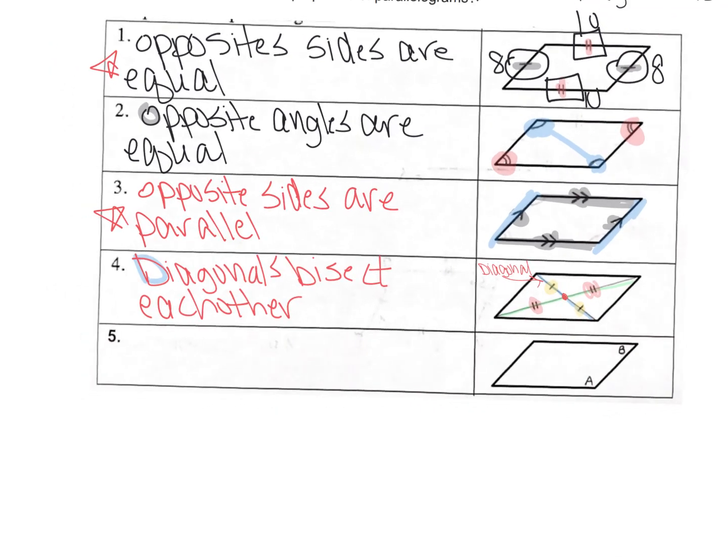And then this last one here, you've got 2 angles, angle A and angle B. If you think back to when we did a chapter before winter break, we had all of the relationships with parallel lines, and one of them was same side interior angles. If you remember, same side interior angles, when you had 2 parallel lines, were supplementary, or added to 180.